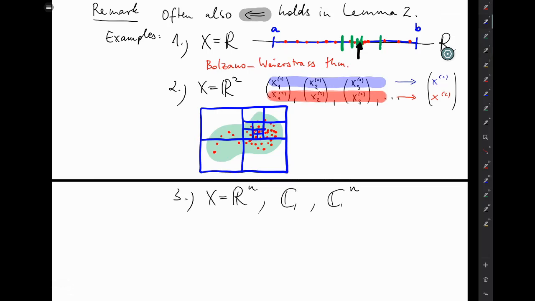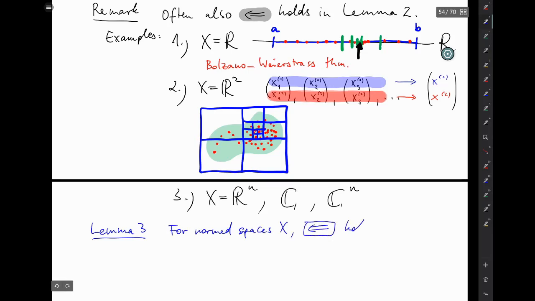Well, in fact, the following lemma holds. And for this lemma, we have to go to normed spaces, no longer just metric spaces. So for normed spaces X, the reverse implication in lemma 2 holds if and only if, so we often abbreviate lists like that, the dimension of X is finite.